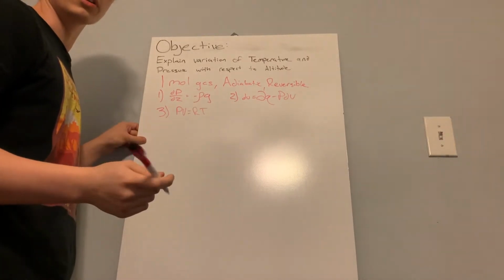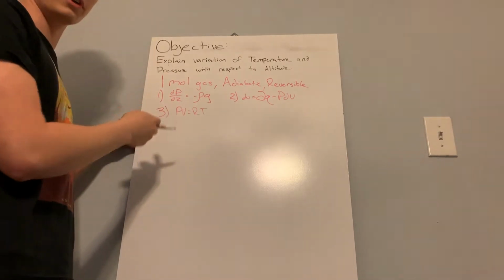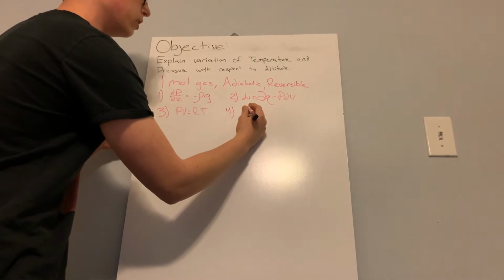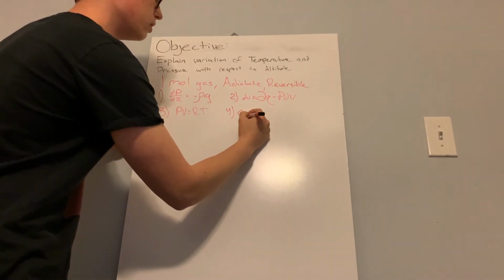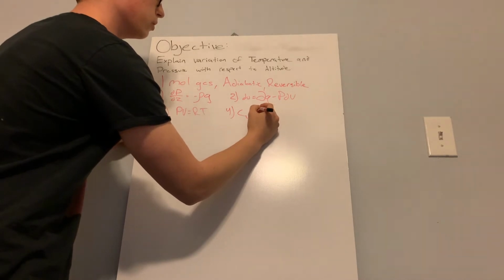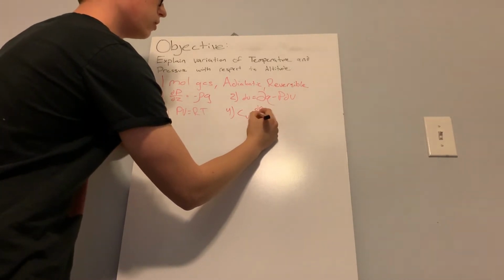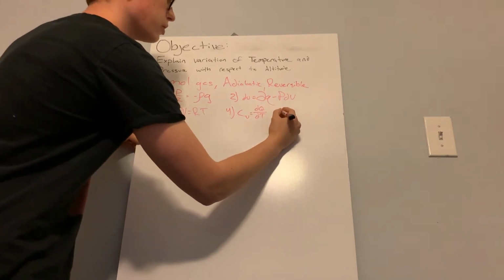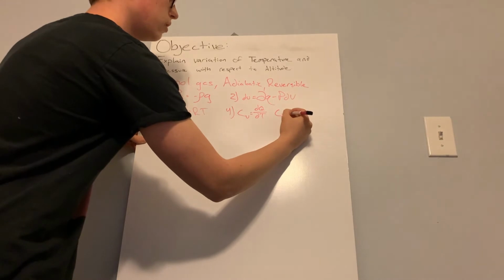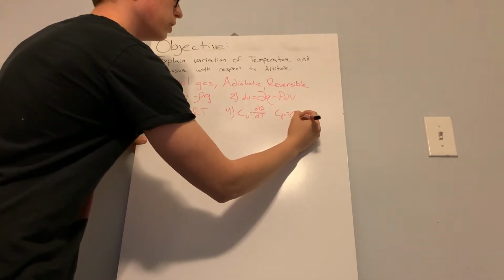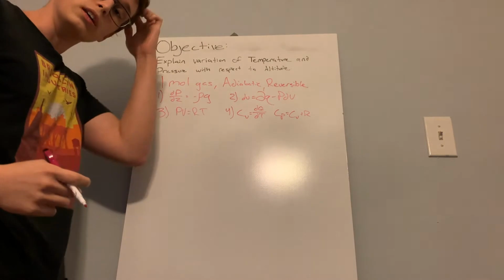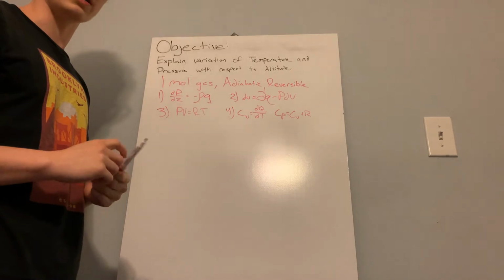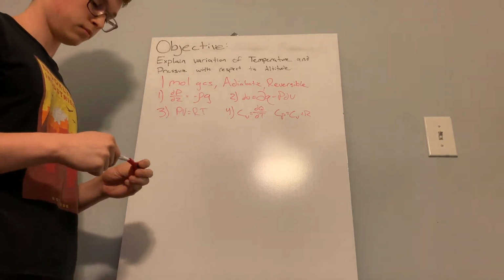And again, we don't need to include moles in this because we're doing 1 mole of gas. And then our fourth is CV is equal to change in heat over change in temperature, change in heat being dQ, and then also CP is equal to CV plus R. So CV is the heat capacity at a specific volume, and CP is the heat capacity at a specific pressure.